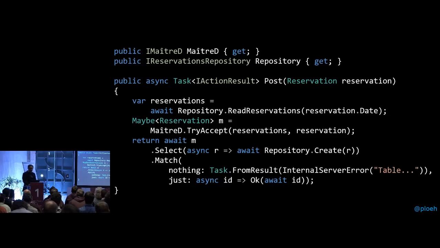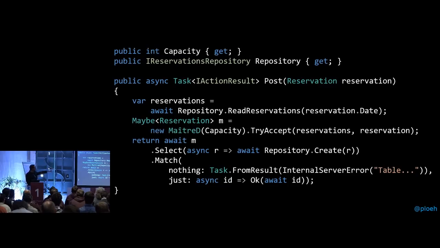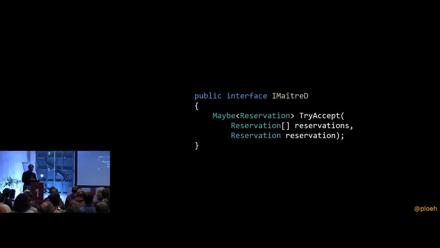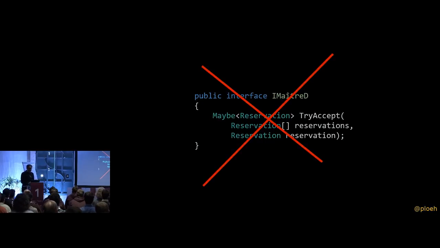But then I say, well, yeah, but with the maitre d, the way that I've implemented it now, you can control how it behaves. You just have to make sure that it receives the appropriate input values. So this is just as deterministic as hiding it behind a mock or a stub. So if you make that change, you've removed the IMHOD dependency. And if you do this consistently, you don't need the interface anymore, so you can just get rid of it. So that's why, in the end, it doesn't matter, because that's now gone.